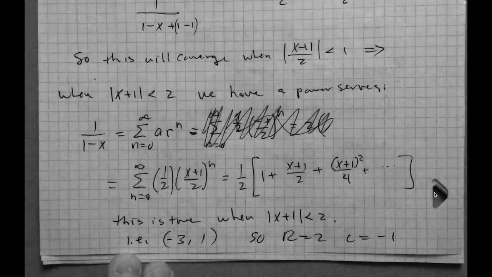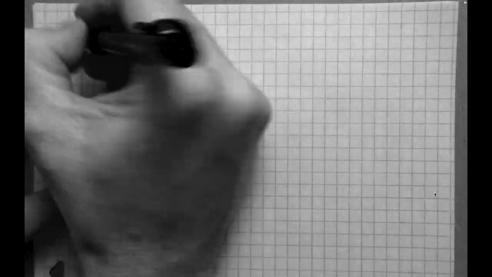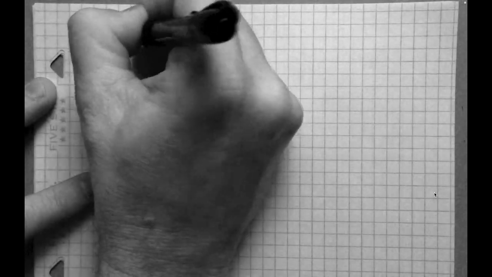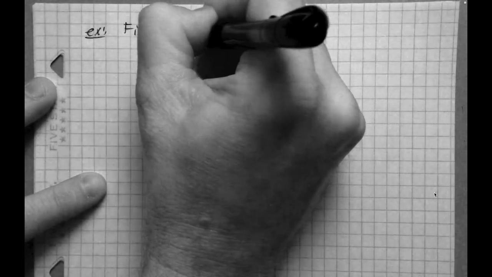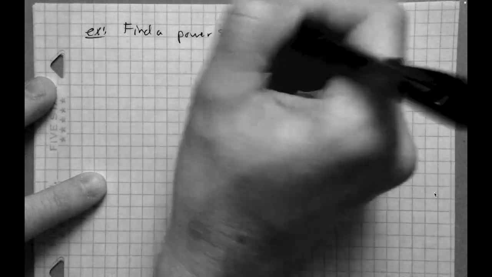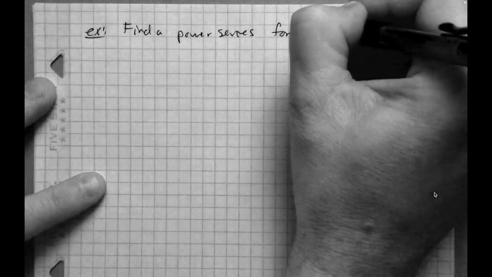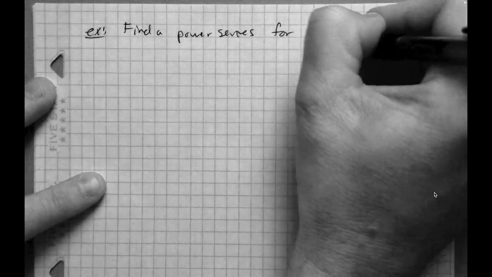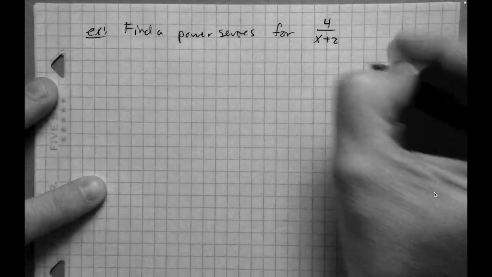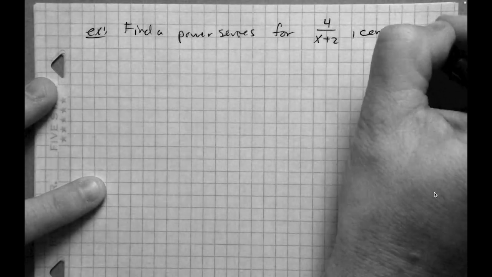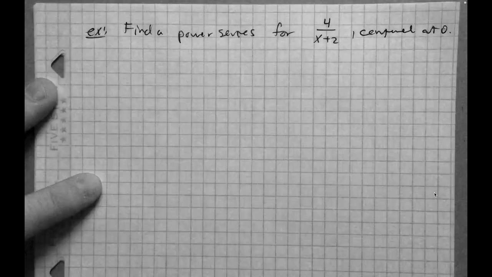All right. Very good. Let's do another example, sort of like this. Let's find a power series for 4 over x plus 2, centered at 0.